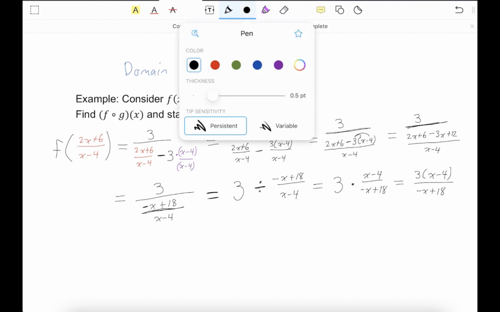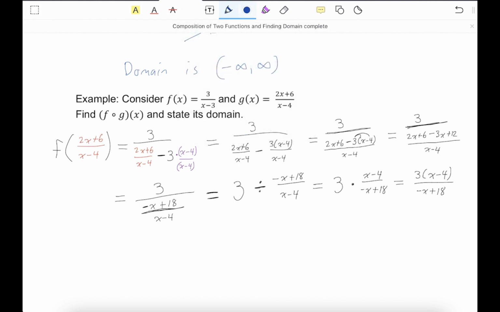Now, to determine its domain, we have to look at two different areas. The final composition here, since we have division, we have that negative x plus 18 cannot equal 0. And this is the same as x not being able to be 18. Add x to the other side. So that's one domain restriction. The other one comes from the argument here.